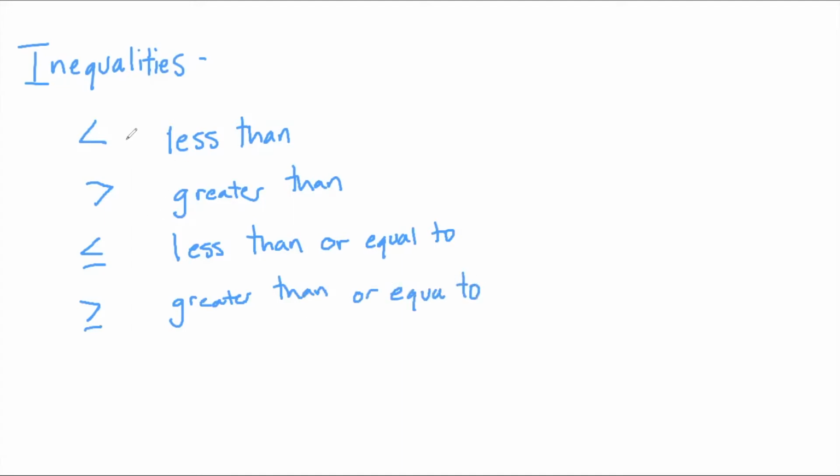So those are some things you're going to want to learn before we start diving into this a little bit more. We have less than, greater than, less than or equal to, and greater than or equal to. These are basically just some symbols that we're going to be using as we dive deeper into inequalities and being able to figure out which we want to use.